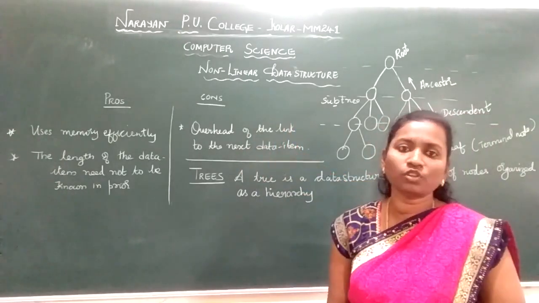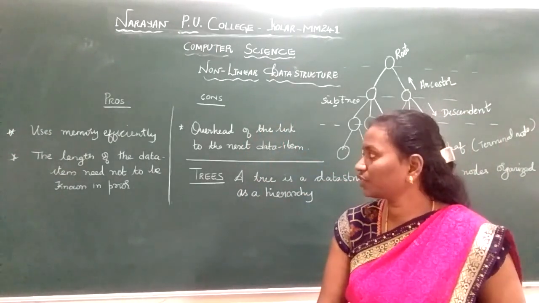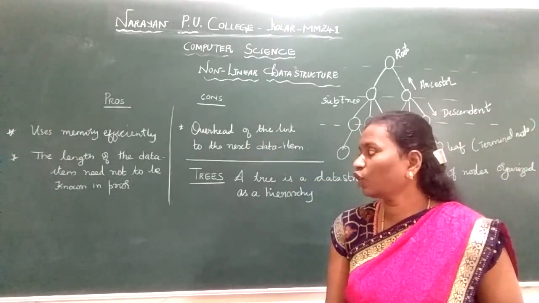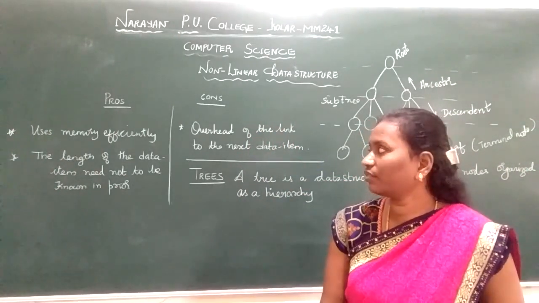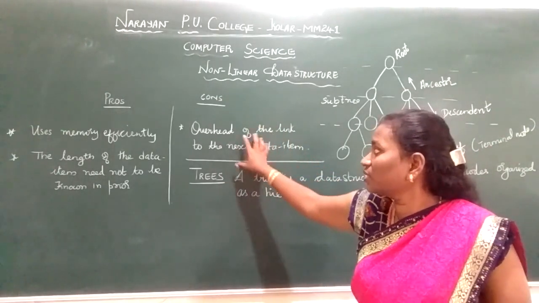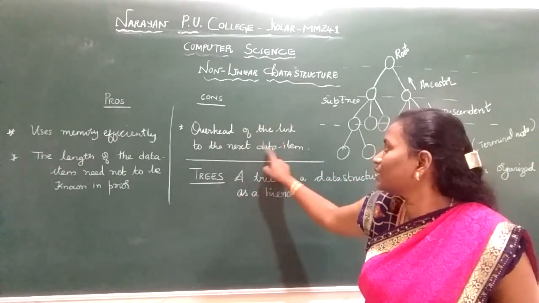First, we'll see the pros and cons of a non-linear data structure. So, it uses memory efficiently. The length of the data item need not be known in prior. That is the advantage. When we talk about the disadvantages, there is the overhead of the link to the next data item.